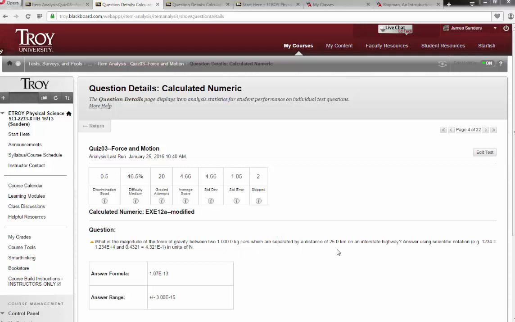And the modification that is involved is right here. In the book, it's 25.0 meters. In this particular quiz question, it's 25 kilometers. So what does that do?